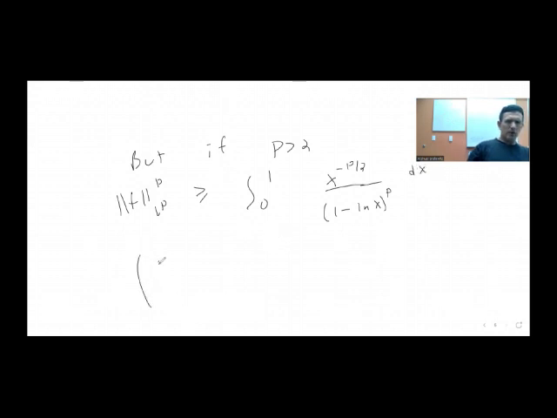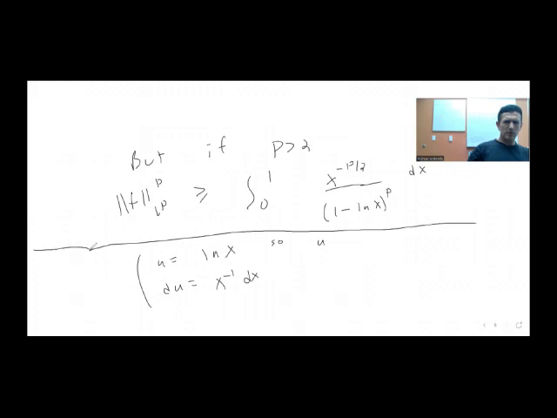Okay, so u is ln of x. du is x to the minus 1 dx. So let's get x to the minus p over 2 dx. Things look a little funky, but that's all right. So x is e to the u. This example is going to show pretty dramatically how badly it fails to be in Lp, both cases.